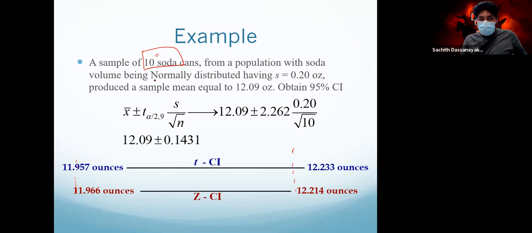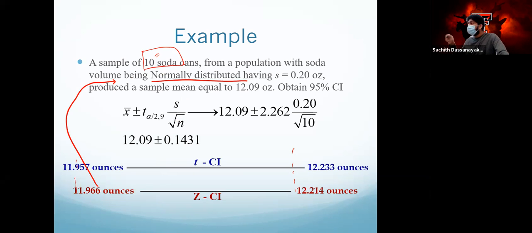Here we have considered Z because they have mentioned here that the population is normally distributed. When the population is normally distributed, without any problem we can consider our sample is normally distributed, and we can deal with the normal distribution case.